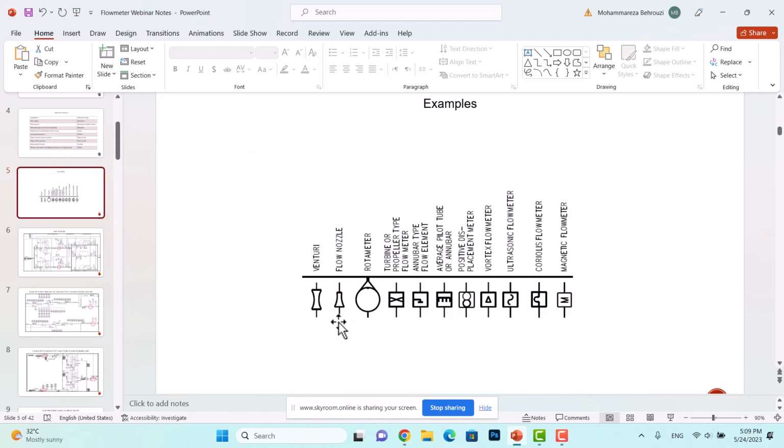So here you can see different types of flowmeters: venturi type, flow nozzle type, rotameters, turbine types, annular types, pitot tube or Annubar types, positive displacement meters, vortex flowmeters, ultrasonic flowmeters, Coriolis flowmeters, magnetic flowmeters, and the most common ones, orifice flowmeters.